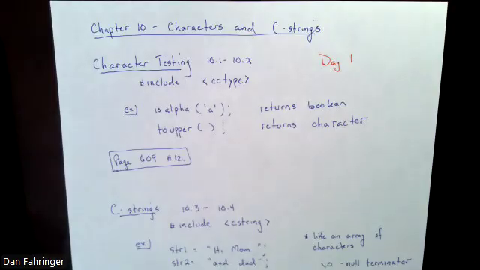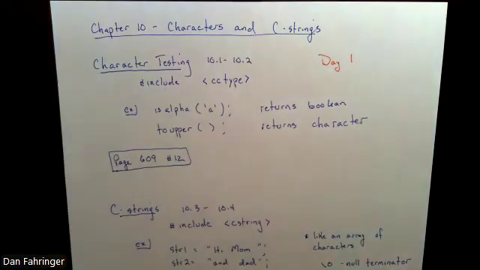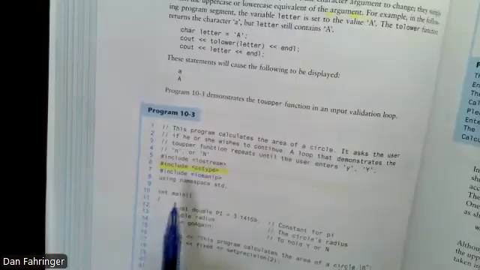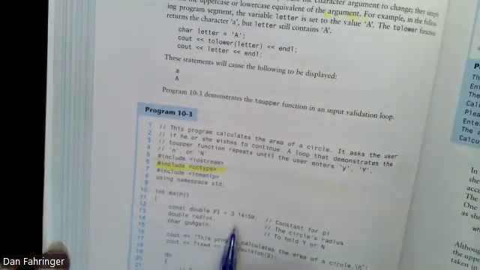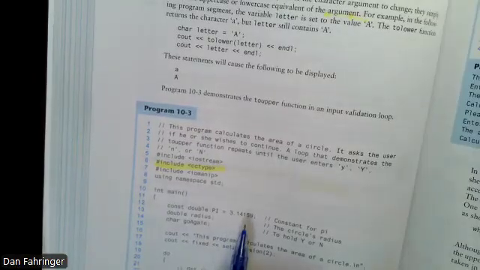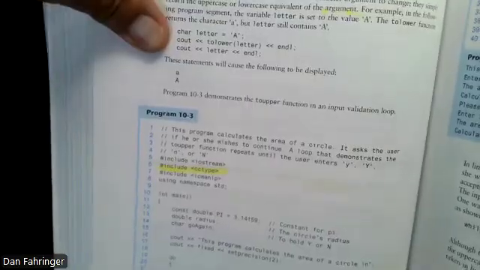I can throw a code listing up and we can talk about it if there's questions. I'm just going through the book right now to try and grab one. Here's one. We have the include CCC type. Again, they're using pi this way, not a fan, but they're using it as a constant value.